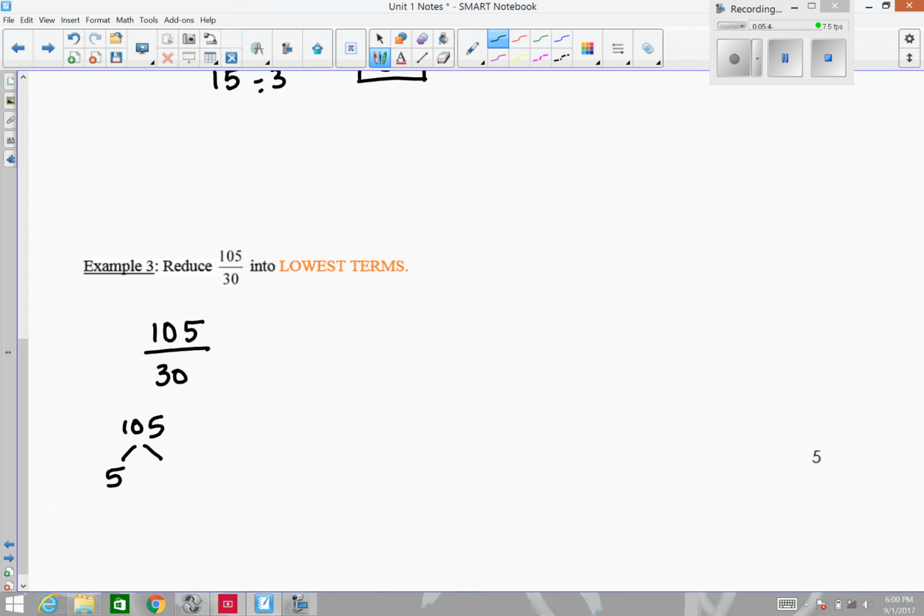So if I do that division, I'm going to get 5 times 21. 5 is prime, but 21 is not. 21 can be broken down into 3 multiplied by 7, and both 3 and 7 are prime. So now I have 105, which can be written as 5 times 3 times 7. And it doesn't matter what order I write these in.